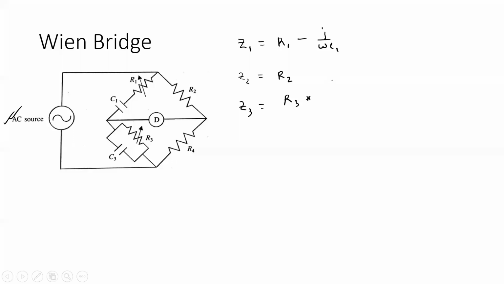As R3 and C3 are connected in parallel, after defining the impedance, we can take the admittance so that the evaluation becomes easier for us.